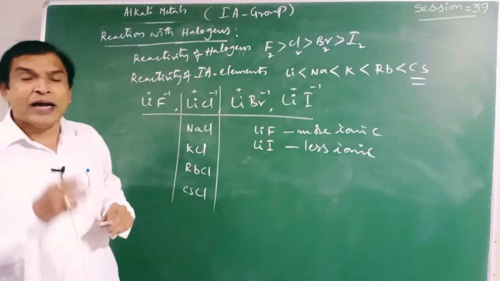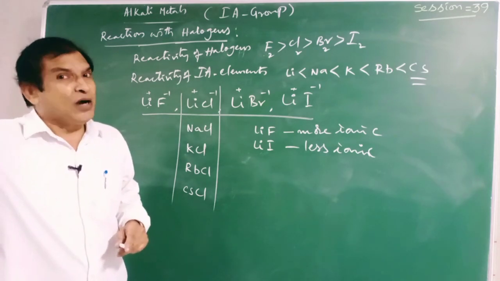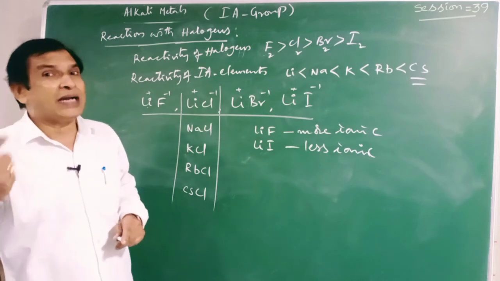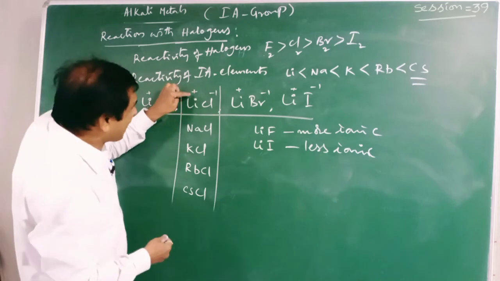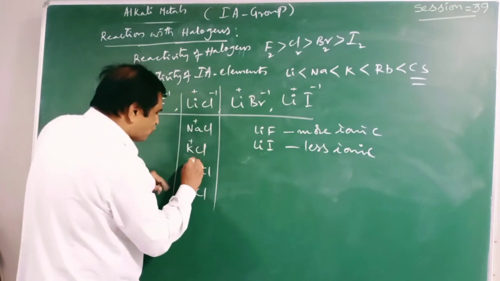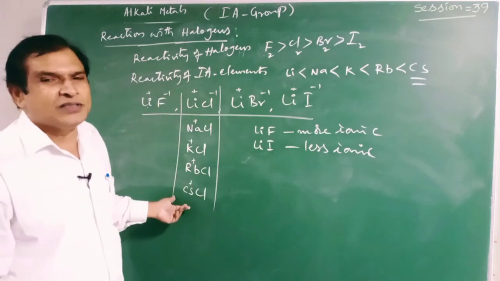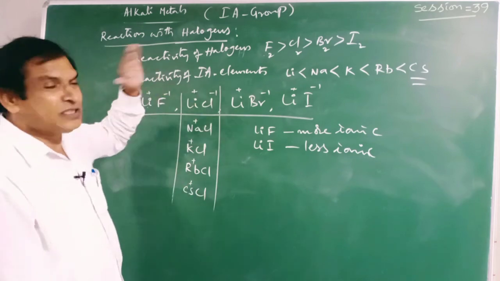According to Fajan's rules, larger the size of the cation, the more ionic. Cesium is a larger cation, therefore cesium chloride is more ionic than lithium chloride.